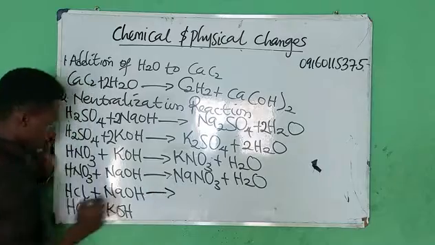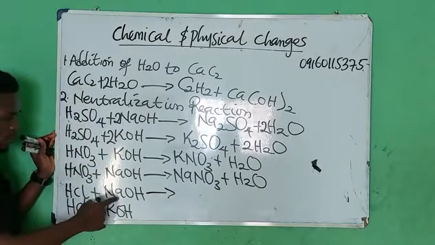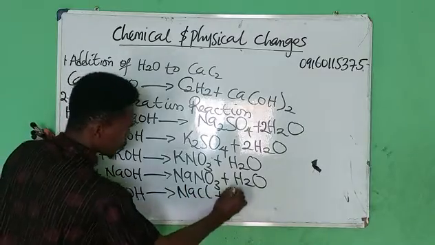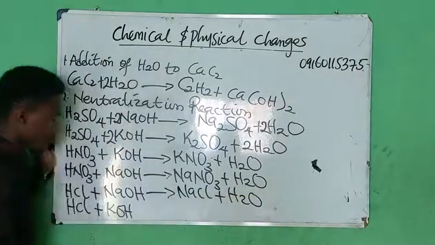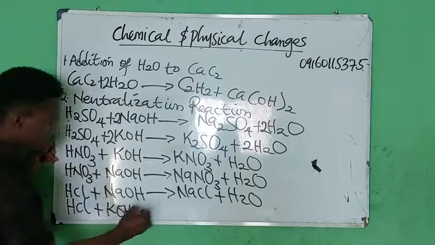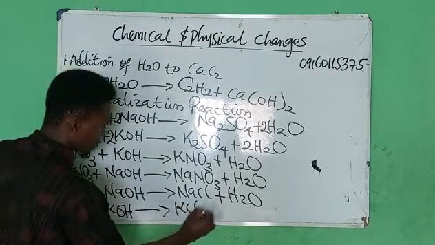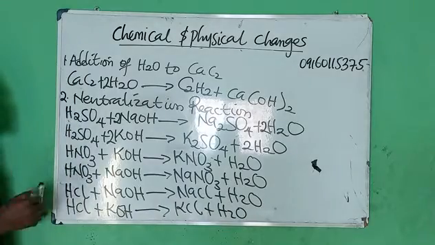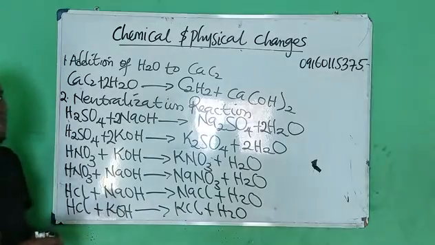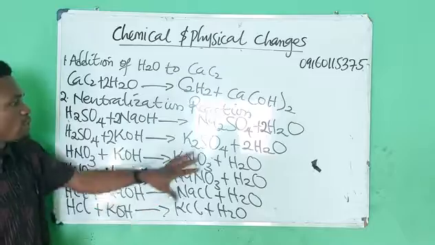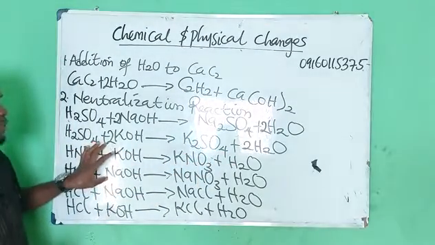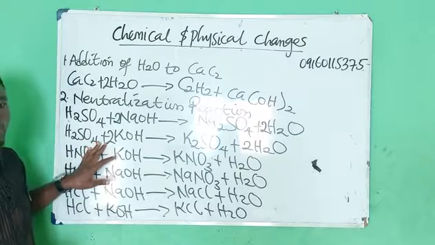Hydrochloric acid, when it reacts with sodium hydroxide, gives sodium chloride and water. The same thing is applicable here: potassium chloride and water. So a neutralization reaction is an example of a chemical change, because all of these products cannot be reversed back to their reactants. Take note of that.